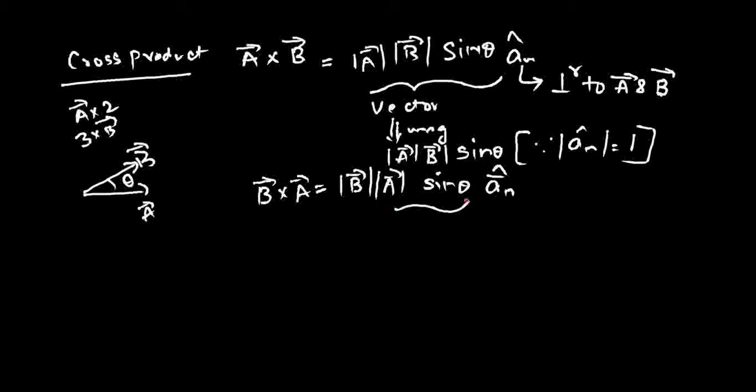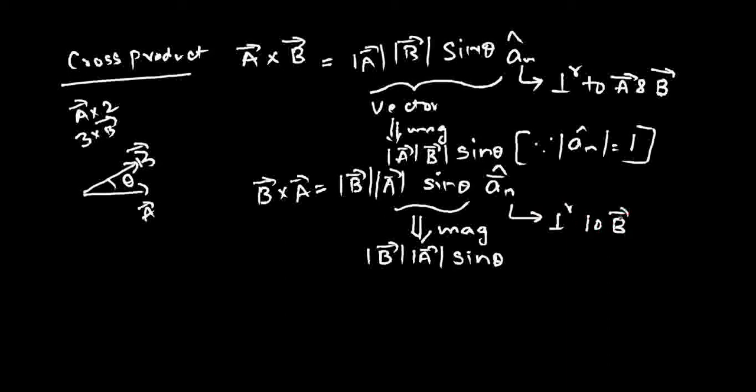The magnitude of this vector is mod B mod A sin theta, and the unit vector will also be perpendicular to B bar and A bar.